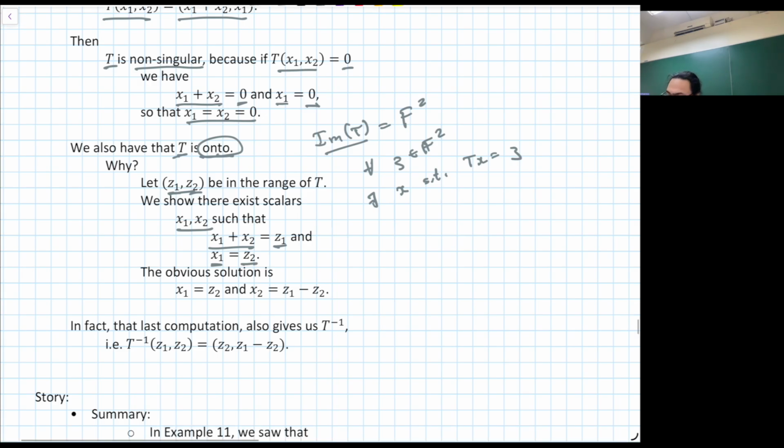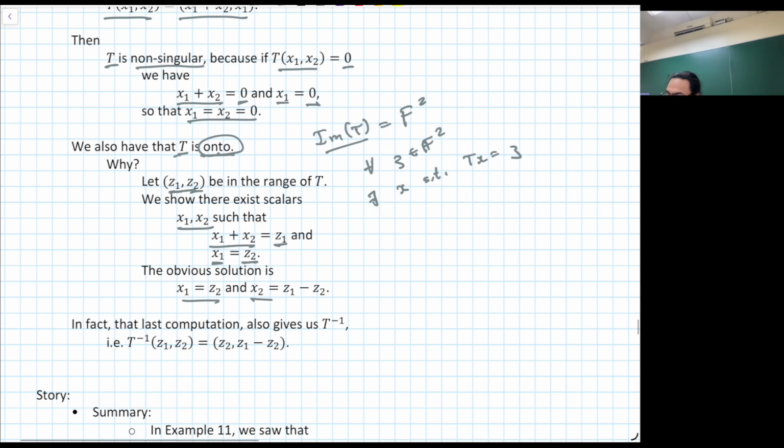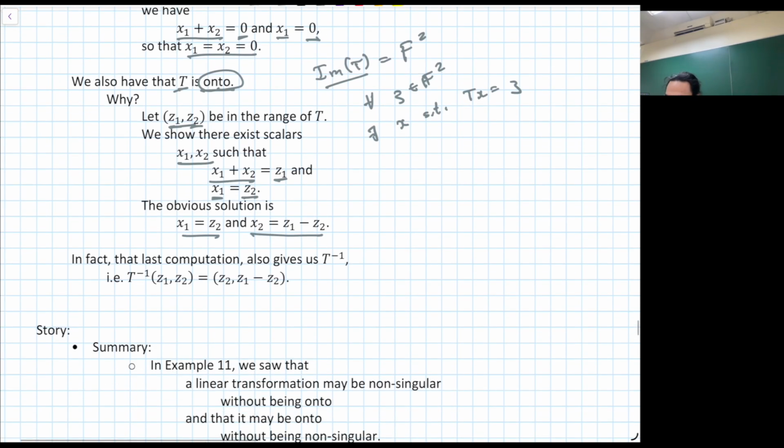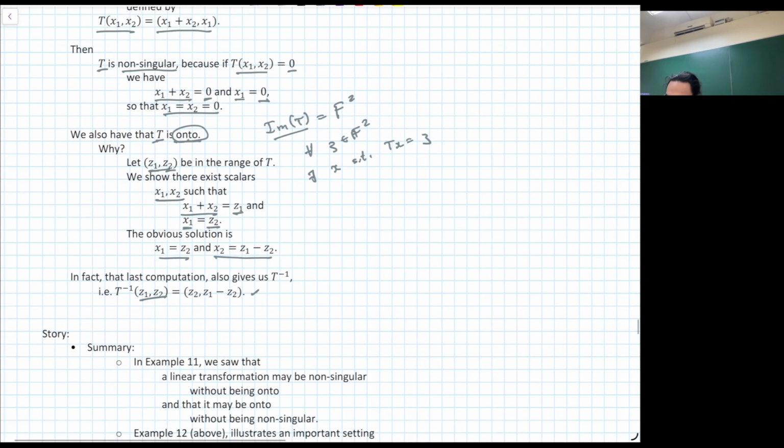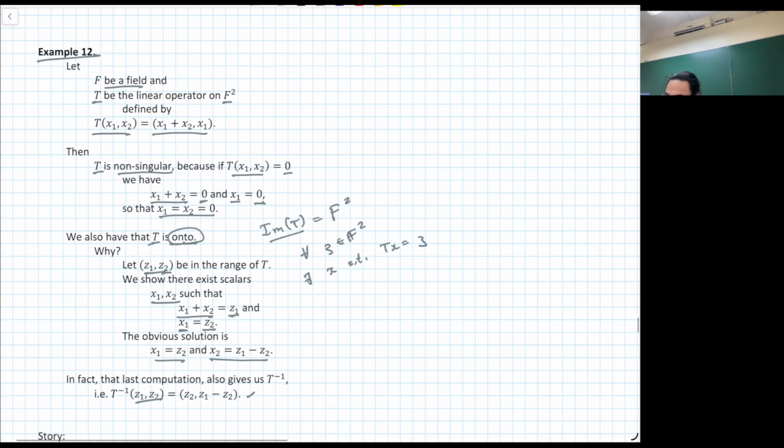You can clearly solve this and it would give you this combination. Correct? In fact, that last computation also gives us T inverse, which is the following. You basically do it the other way: given Z1, Z2, you can find x1, x2 in terms of Z1, Z2. So these are very straightforward examples to get familiar with what is and isn't onto and when things are singular and so on.